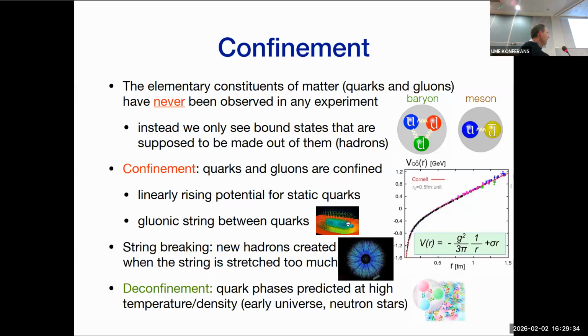It could be that neutron stars are the only place, or the early universe; in the early universe, we kind of know this must have happened at some point. And the only place right now is neutron stars, where you could have something called quark matter that is not made out of these baryons that we see everywhere around us, but out of free quarks.